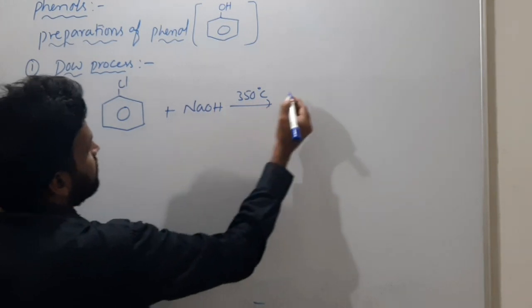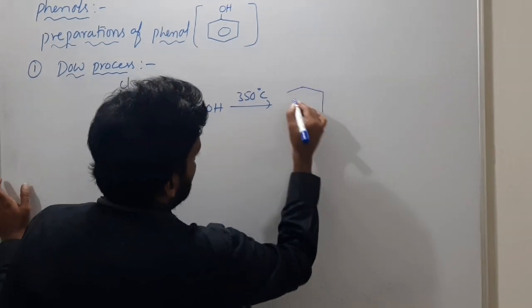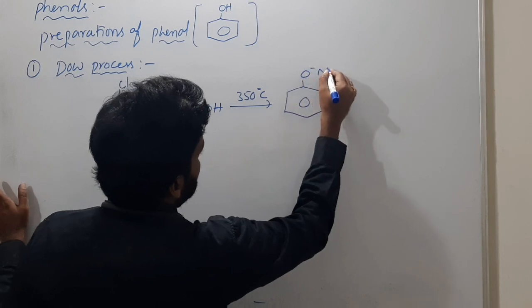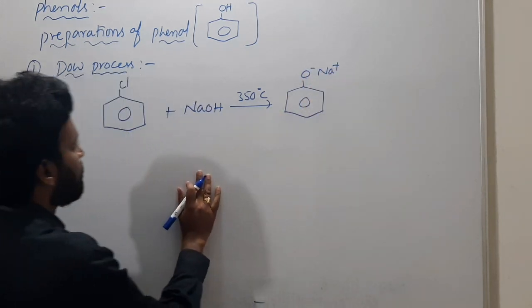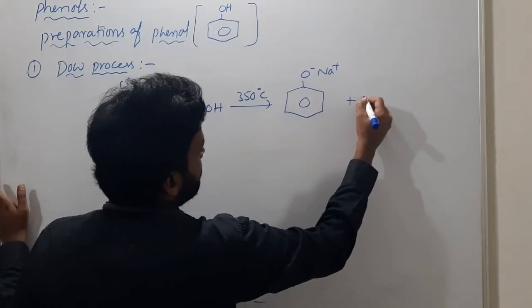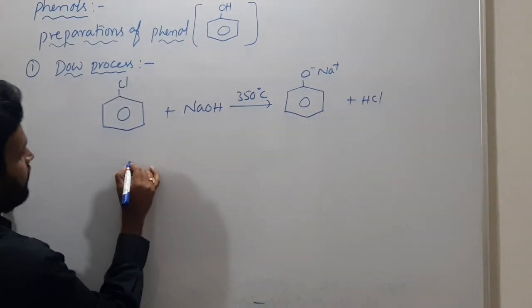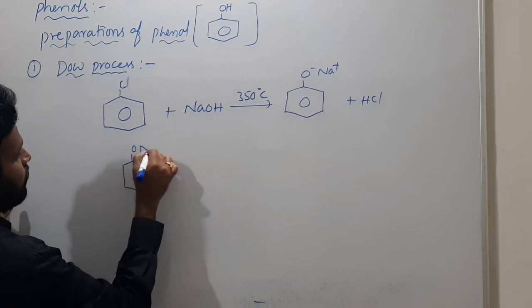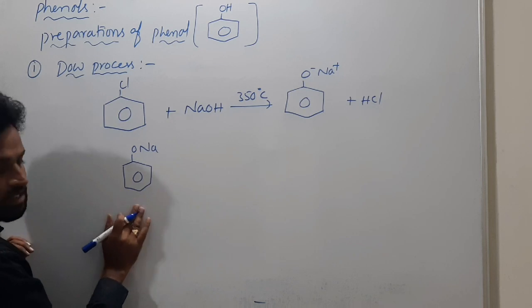So what happens, C6H5OH will form actually, but C6H5O minus Na plus, first this will form, and HCl will go. Now this C6H5ONa we call sodium phenoxide. What is this?